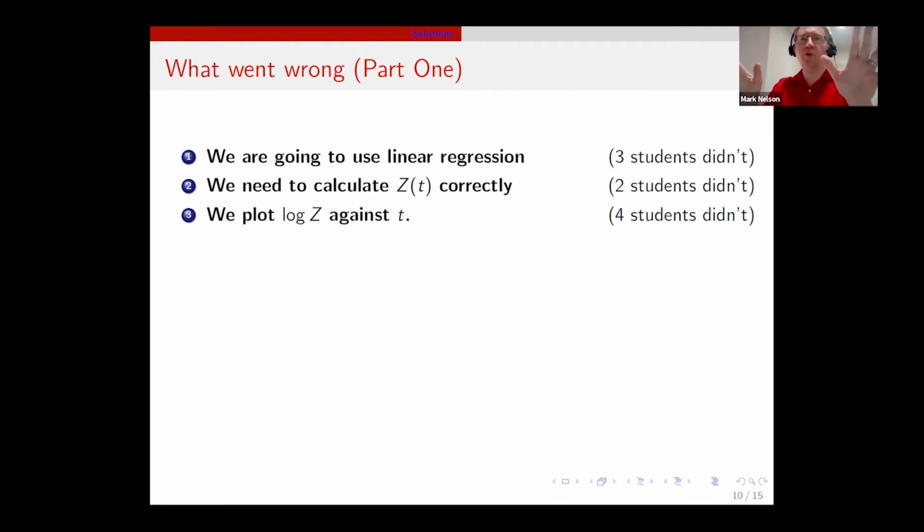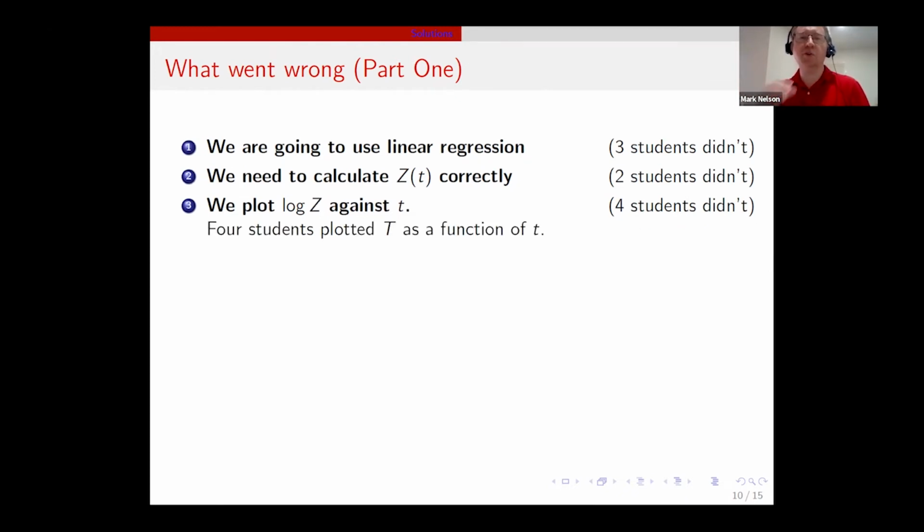We've solved the differential equation. We've shown that if you rearrange it, you can manipulate it to get a straight line. So we want to plot log z against t. But 4 students ignored the analysis they'd already done and decided they should plot temperature as a function of time instead.